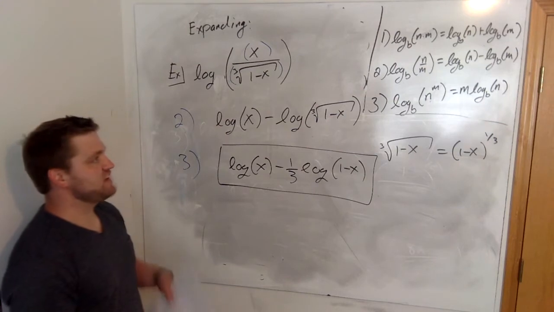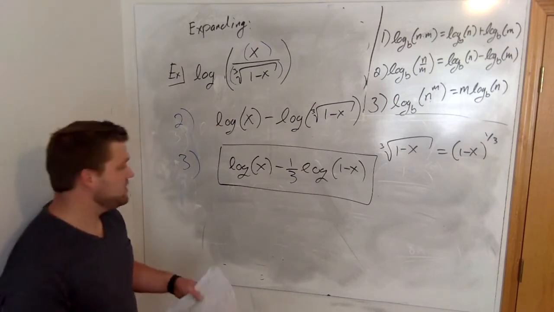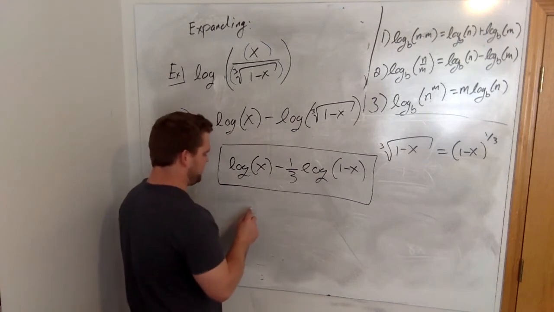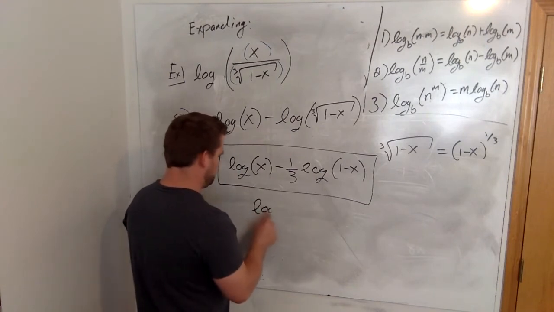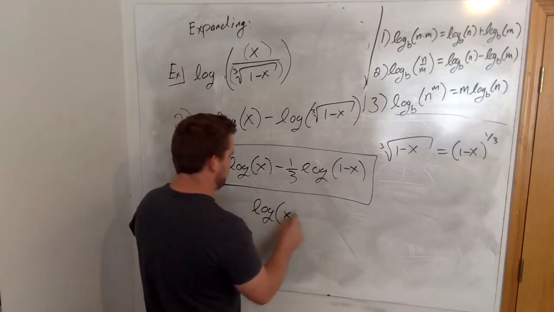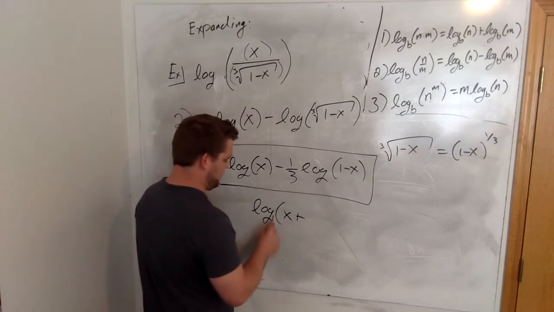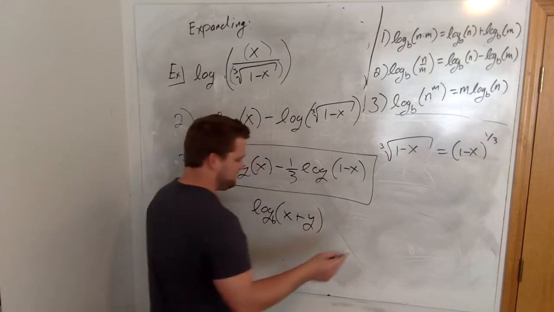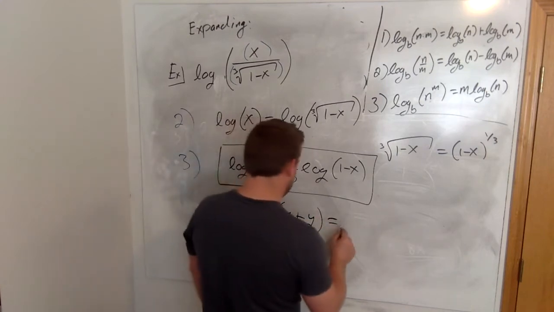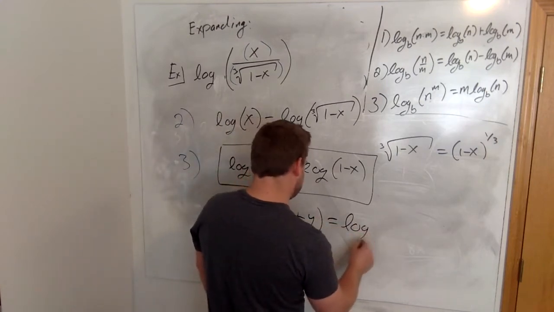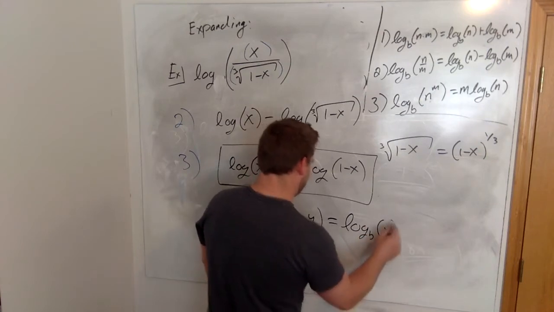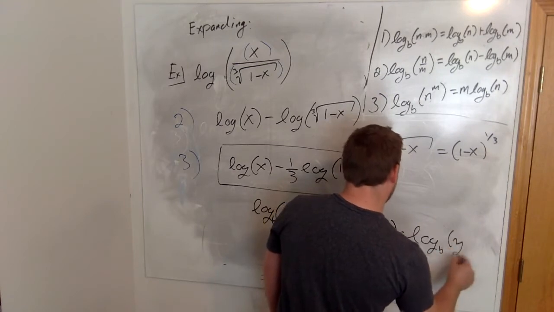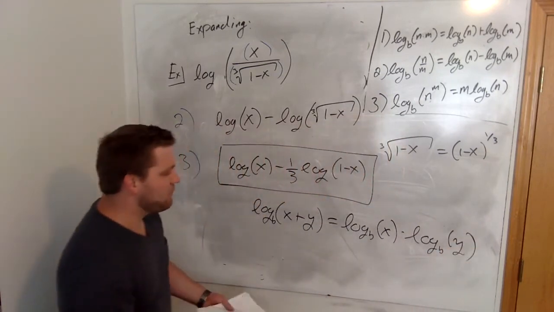A very common mistake I see students want to make here a lot of the time is, say we have log base b of x plus y. I see students sometimes want to say, oh, this is log base b of x times log base b of y, or something like this.